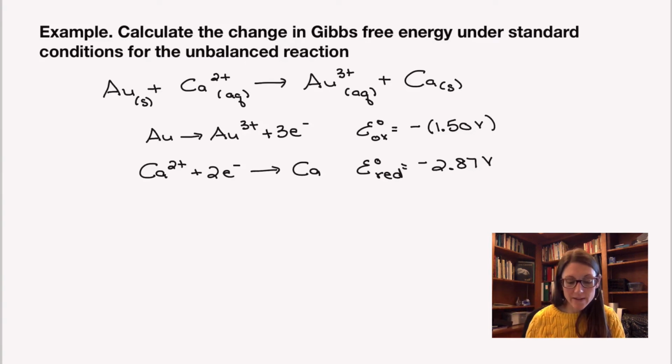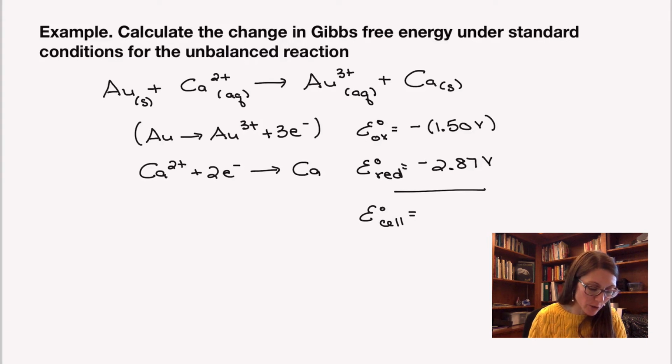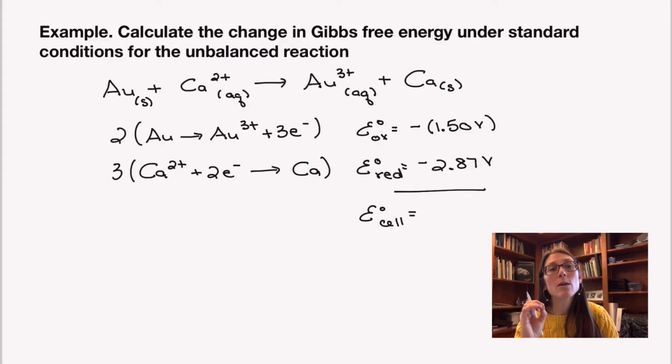When I go to add these together to get an overall cell potential, I also need to make sure that my number of electrons are equivalent, conservation of mass. So I'll need to multiply my top equation by 2 and the bottom equation by 3. But remember, multiplying through by a coefficient does not change your standard reduction potentials.